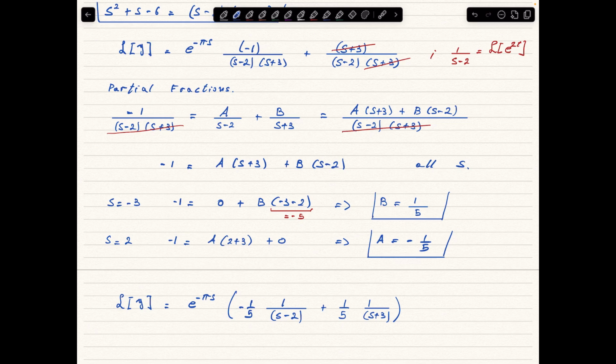And then recall we had the lonely term 1/(s minus 2), that we know what to do with.